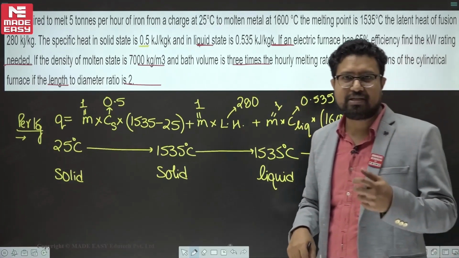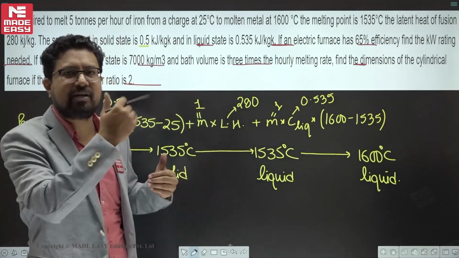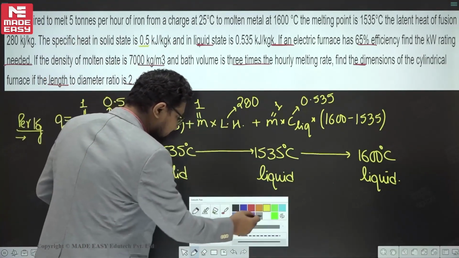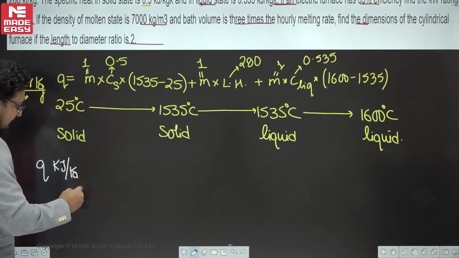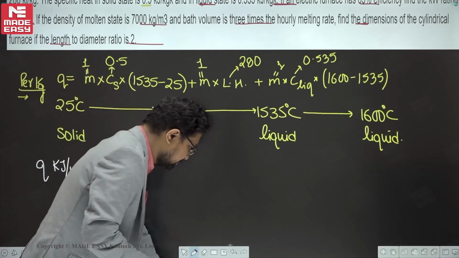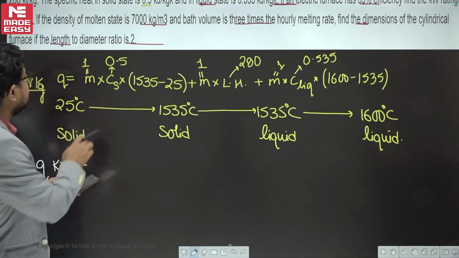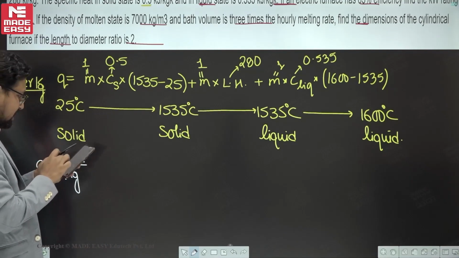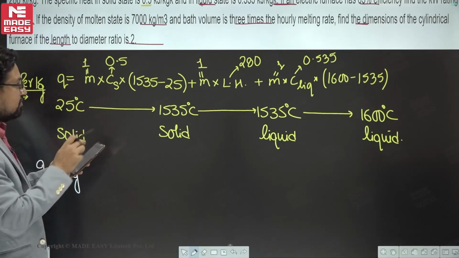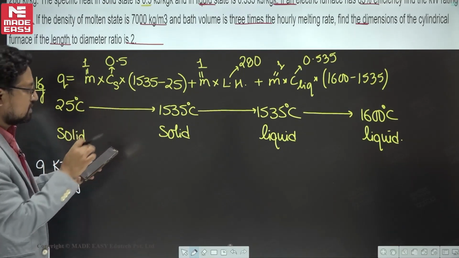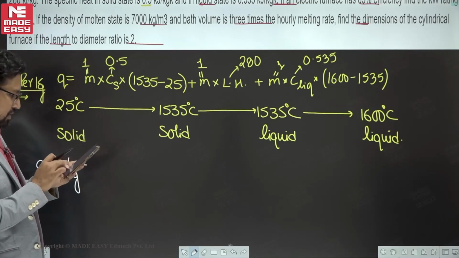So we can find out the heat we need to supply for melting of 1 kg iron from the initial given condition to the final condition which we want. So heat Q required in terms of kilojoule per kg is equal to, I have already calculated it, 0.5 into (1535 minus 25) plus 280 plus 0.535 into (1600 minus 1535).